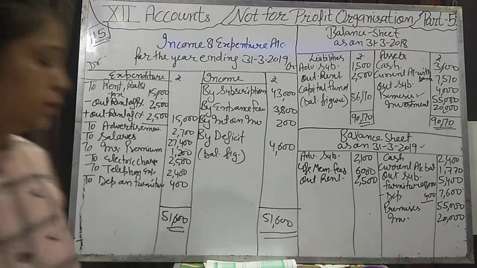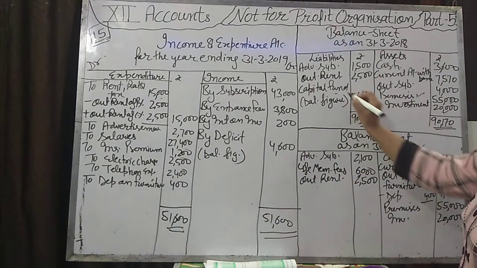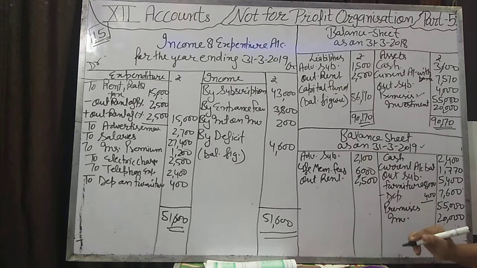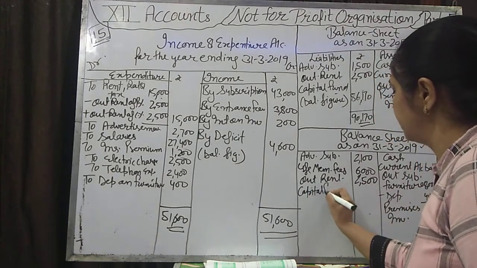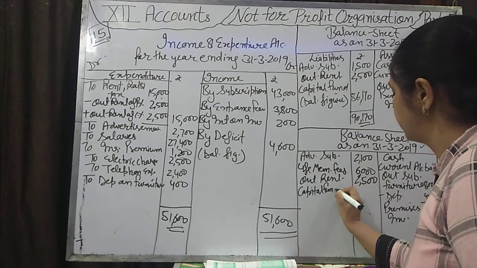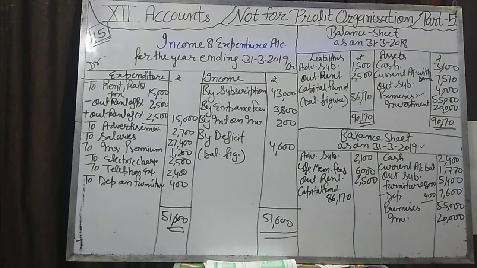Now third number, what you will do: the capital fund that we have calculated from the opening balance sheet, you will write here capital fund, it's 86,170.